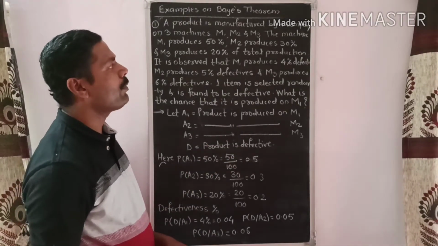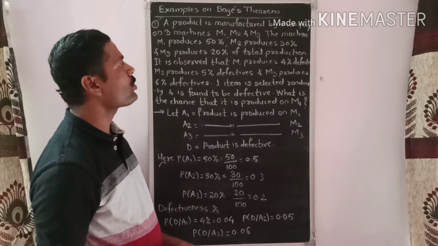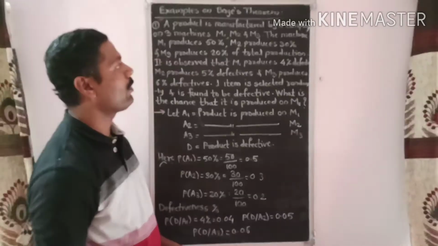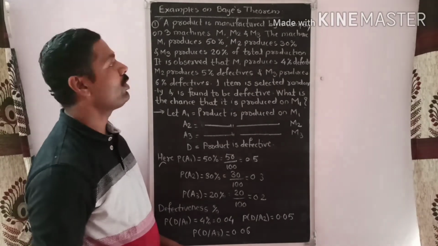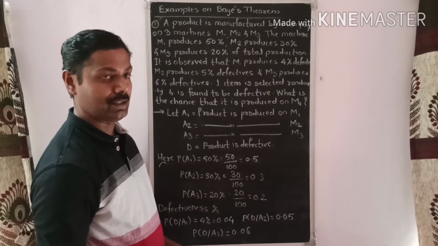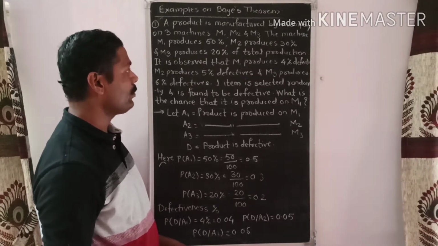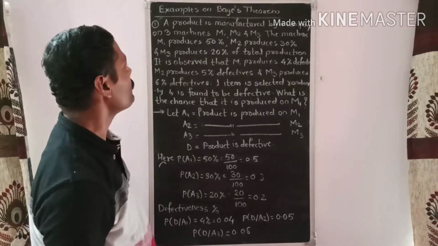A product is manufactured by a company which is produced on three machines M1, M2 and M3. The machine M1 produces 50%, M2 produces 30% and M3 produces 20% of total production.